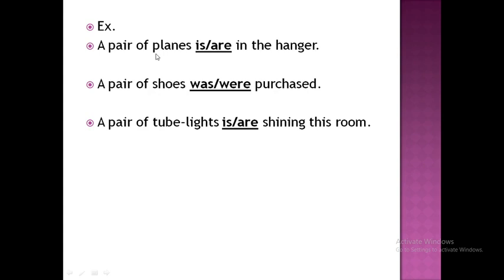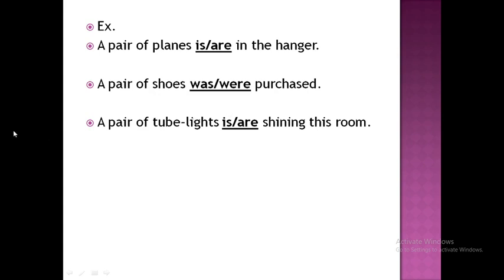But what is important? Planes we are talking about in plural form, but a pair of planes we talked about. Shoes we are talking about in plural form, but a pair of shoes is talked about. Tube lights is in plural form, but a pair of tube lights is used as a place of subject.